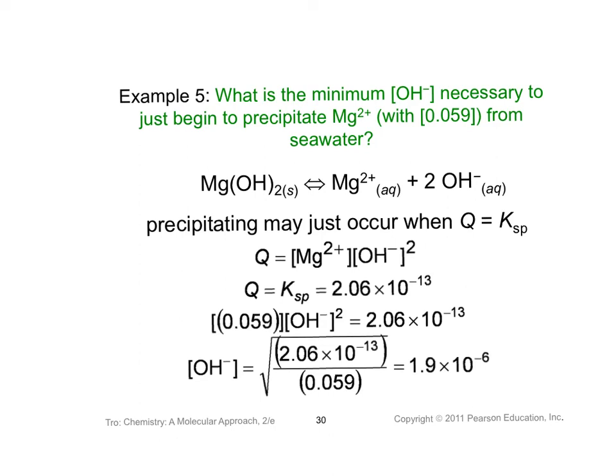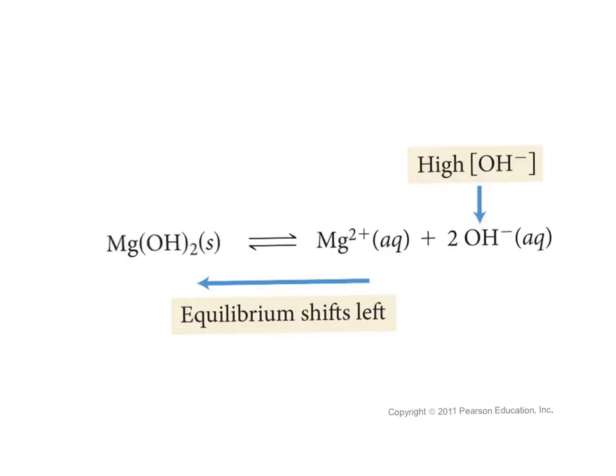Anything more than that. And so you've got the Ksp of 2.06 times 10 to the minus 13. You plug in this 0.059 and then solve for the OH minus concentration, and that's the concentration required to just begin precipitation.